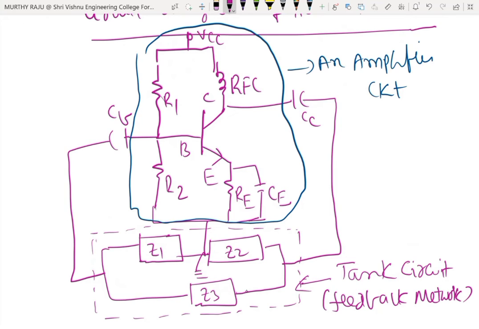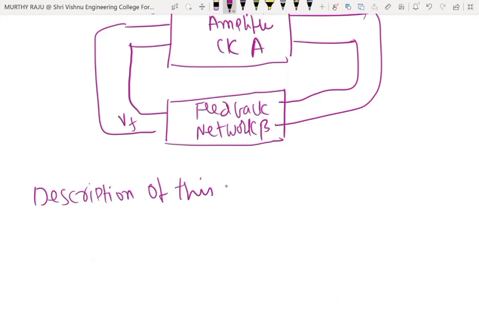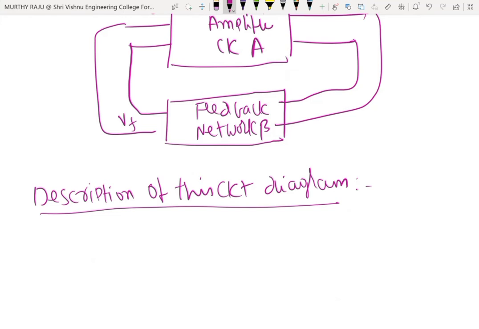Next, description of the circuit diagram. First, resistors.